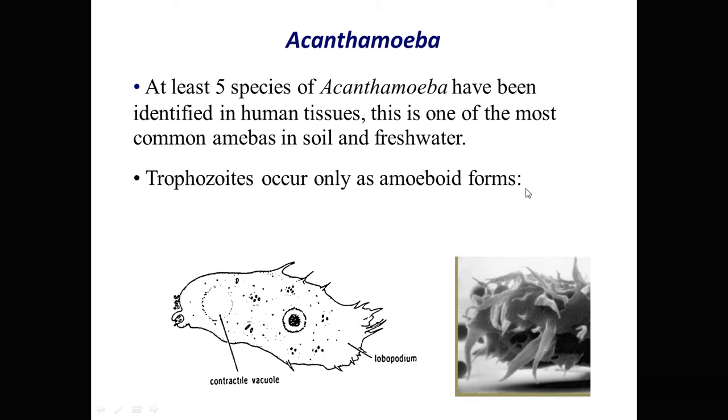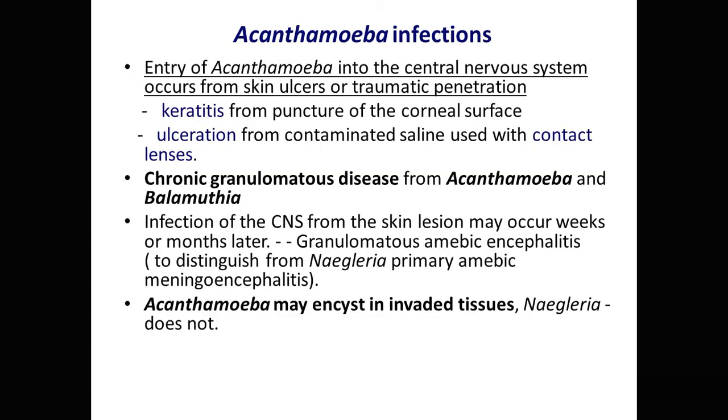And besides Naegleria, also Acanthamoeba, at least 5 species have been identified in human tissues. And how does Acanthamoeba enter our body? They can affect the CNS and also can cause eye infections.